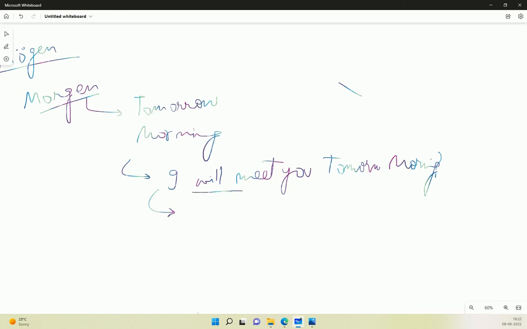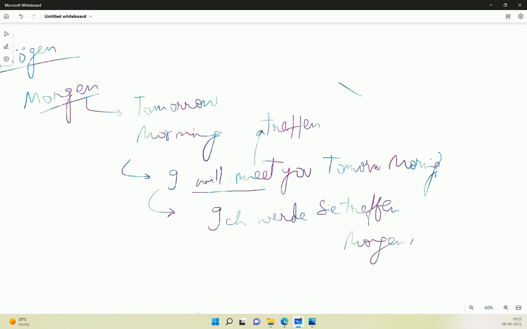Normally, to meet is treffen, right? So most people will make this mistake and they will say, ich werde Sie treffen morgen morgen, isn't it? Because tomorrow is also morgen and morning is also morgen.